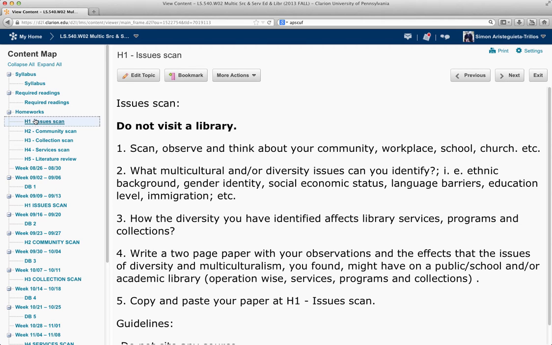We have a large number of PhDs here in our community, and we also have a number of community members who may have a high school diploma at the most. So is the public library serving both communities? So there is a big diversity in terms of educational background or educational level. The same with social economic status.